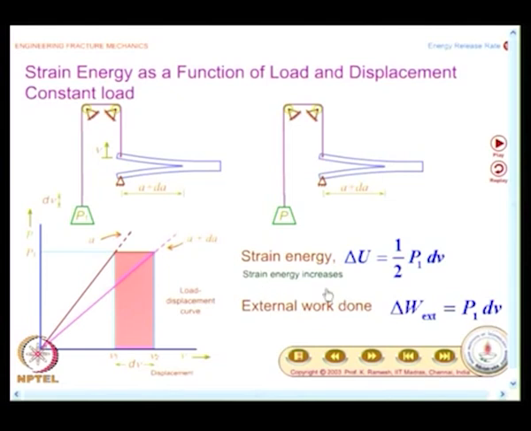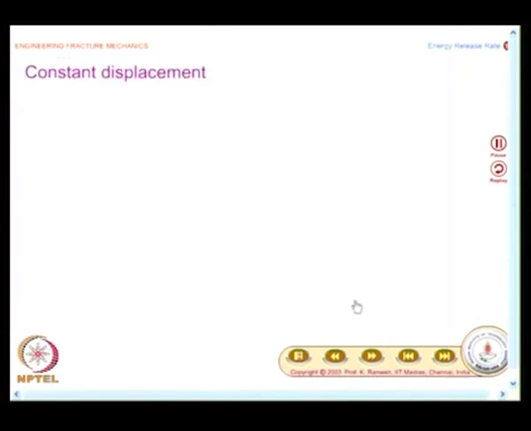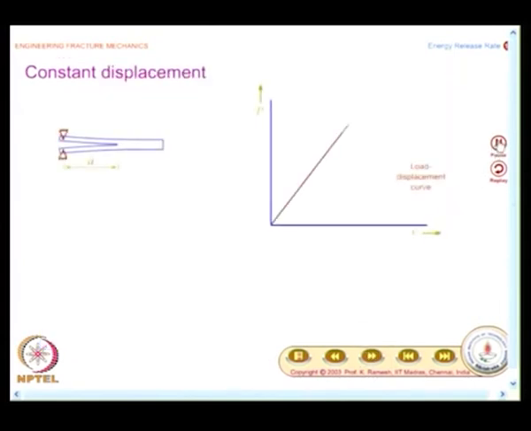And what we have learnt here is, under constant load, when there is an advancement of crack from A to A plus dA, the strain energy of the system increases. Now we look at what happens in the case of a constant displacement.